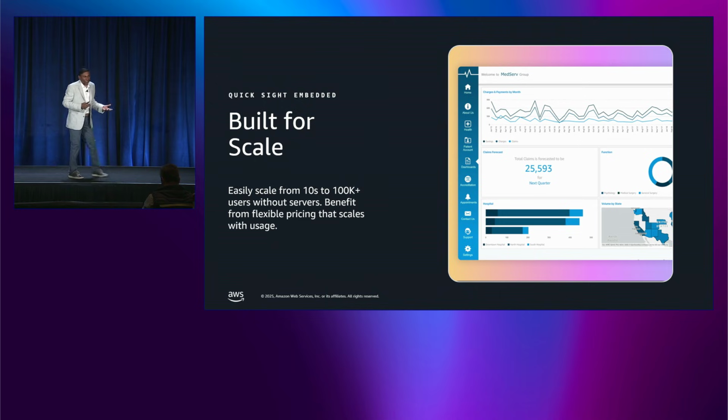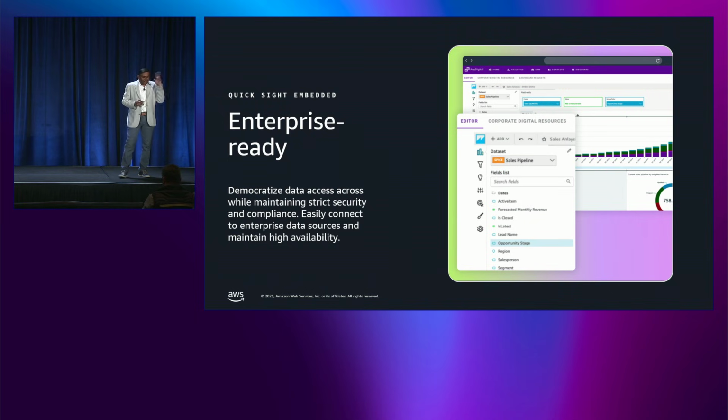But why should you consider using QuickSight to power your analytics in your enterprise or in your products? One big reason is we are built for scale. We can easily scale from tens to hundreds of thousands of users without you having to worry about that scale. A second big reason is that we are enterprise ready.